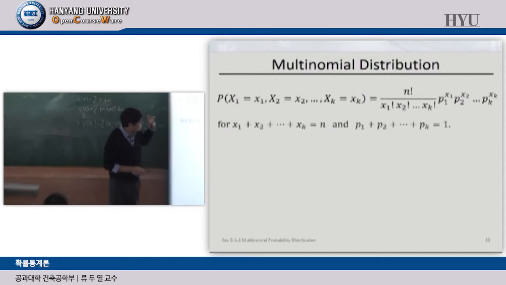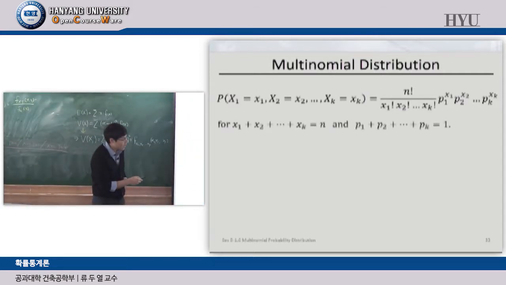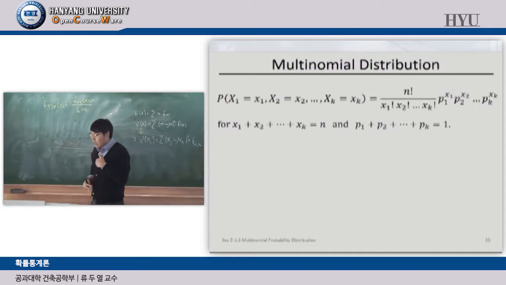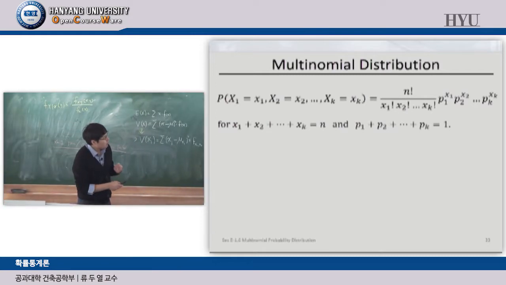And in this case, the summation of the number of each type of trial should be the total number of trials n, right? And also, the summation of all probabilities should be equal to 1. Okay? How we can obtain this relationship can be easily understood based on the following example.